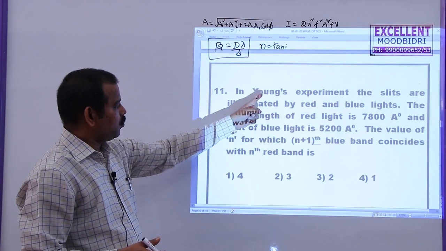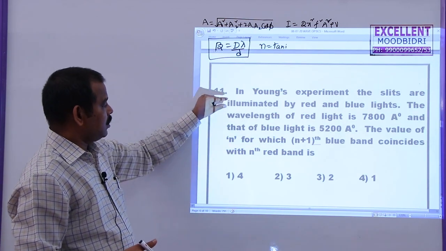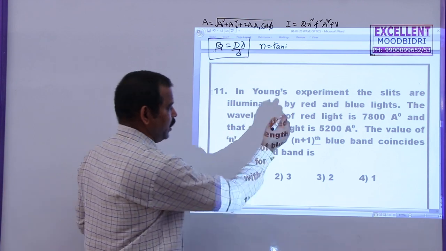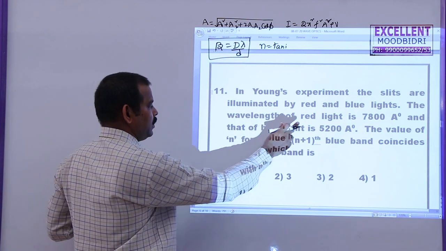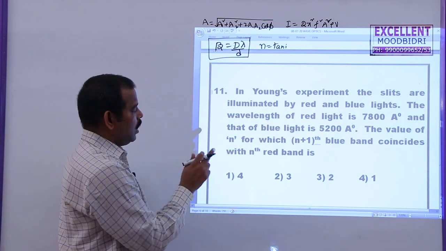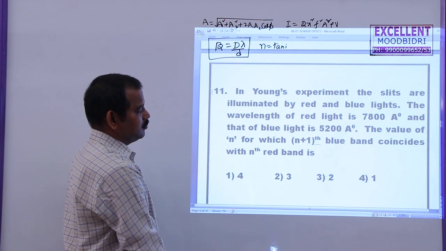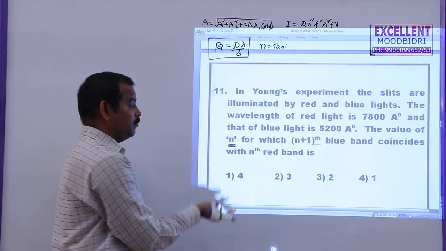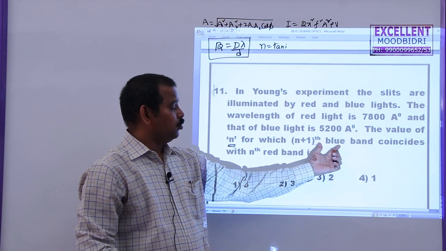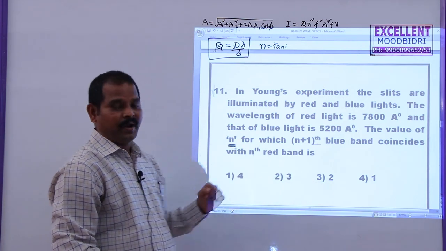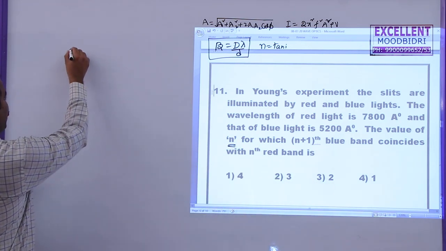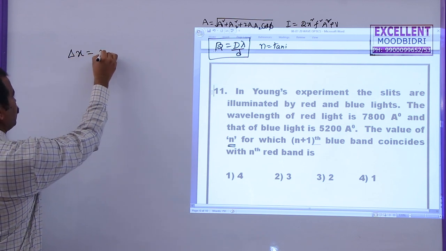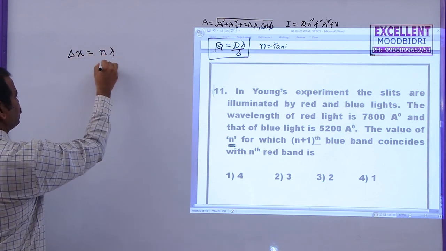11th one. In Young's experiment, the slits are illuminated by red as well as blue light. The wavelength of red light is 7800 angstroms and that of blue light is 5200 angstroms. Find the value of n for which the n plus 1th blue band coincides with the nth bright band. For this to happen, the path difference should be equal to n lambda or n plus 1 lambda.